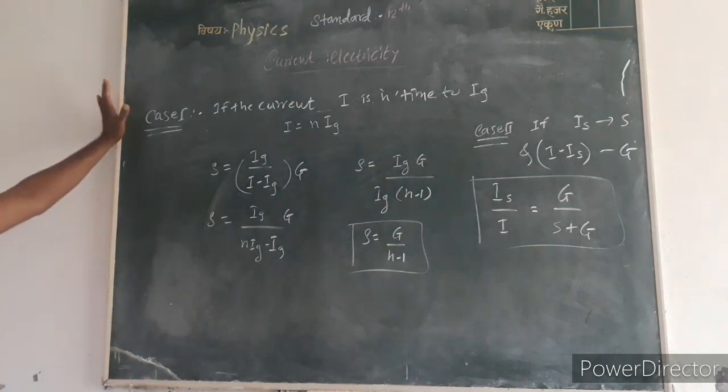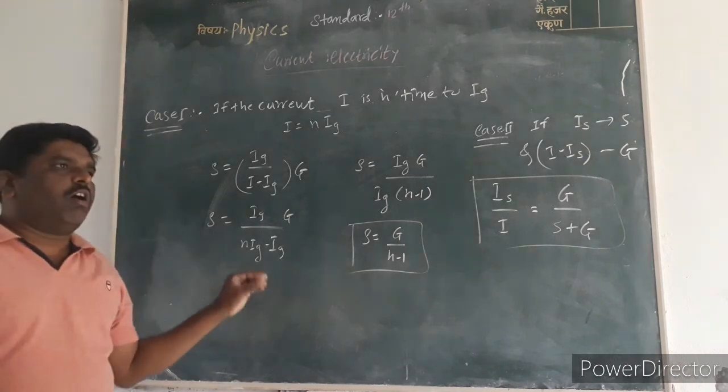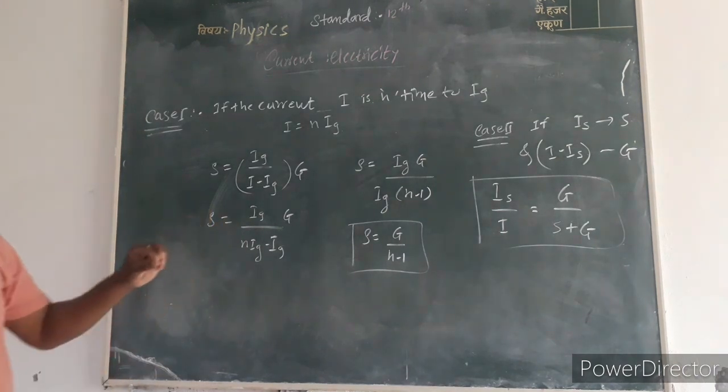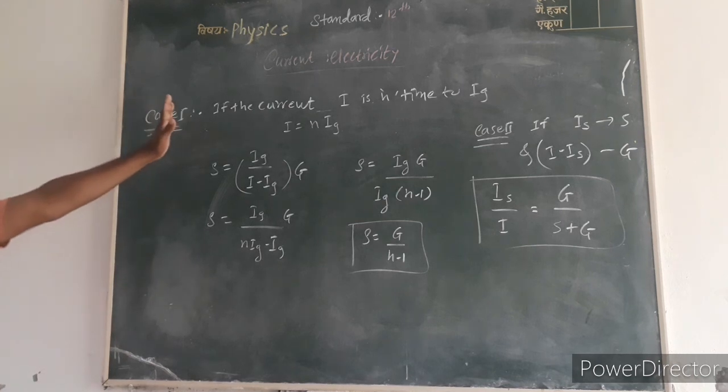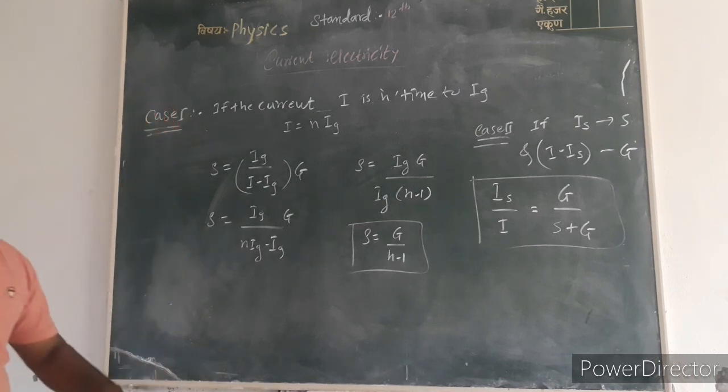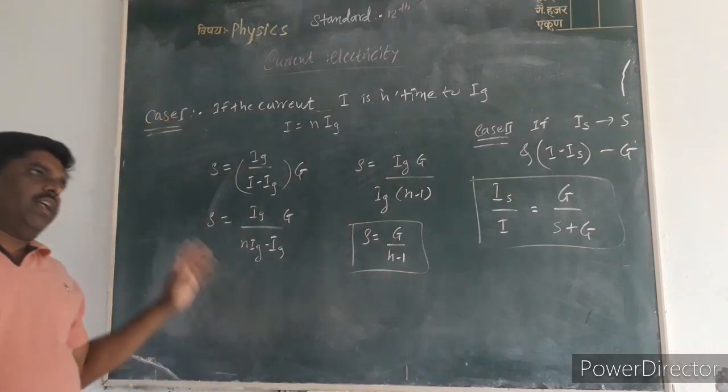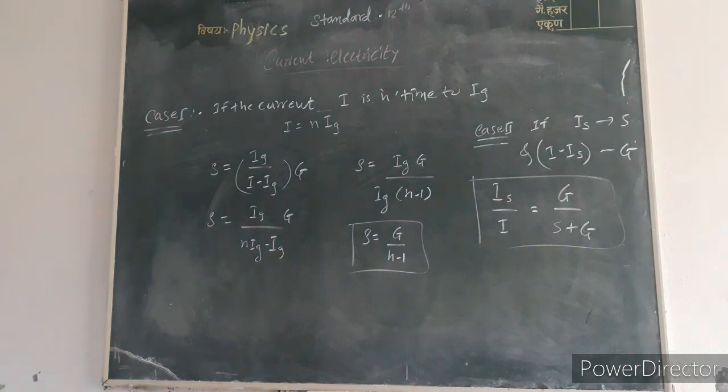The galvanometer is converted into ammeter only if a very small shunt resistor is connected parallel to the coil of galvanometer, and then such an instrument measures electric current, and that instrument is called ammeter.